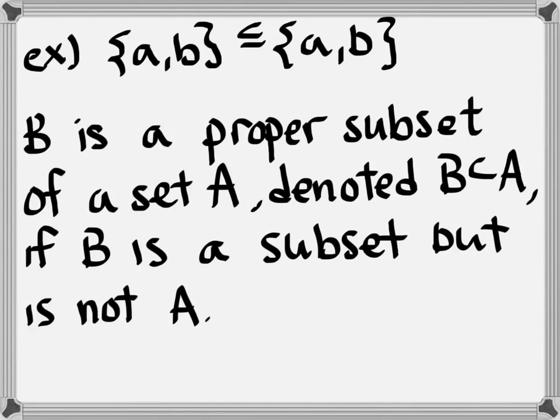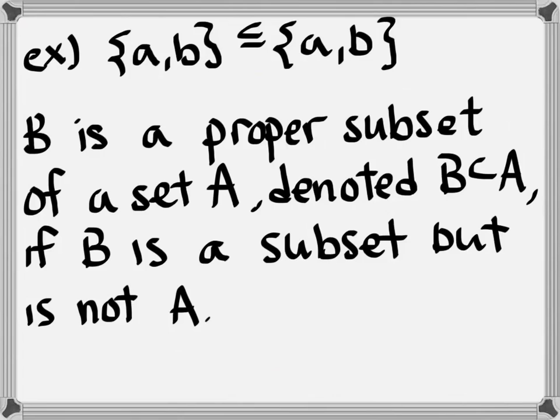All right, let's go back and visit this idea that a set can be a subset of itself. Because every element on the left is also in the set on the right, any set is a subset of itself. Now, the word subset kind of implies that something is smaller.